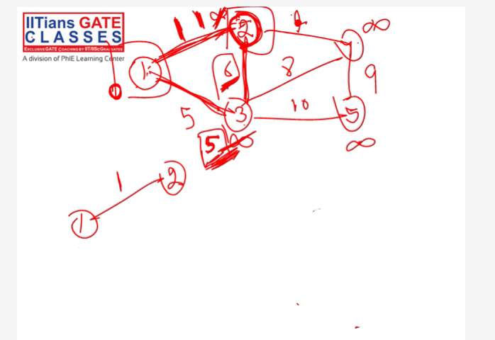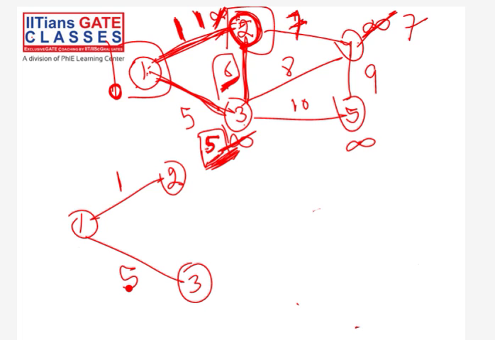This value 7 is less than infinity, so you modify this to 7. Now among the nodes which are not visited, which is the minimum value? 5, infinity and 7. 5 is the minimum, so you add this node. Now this is part of the MST.